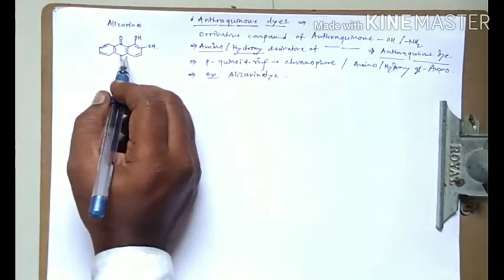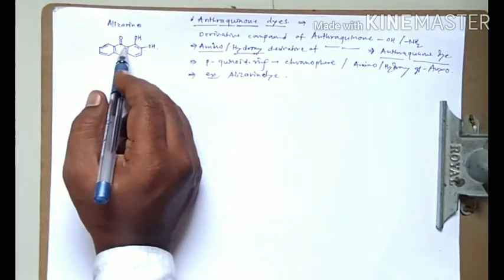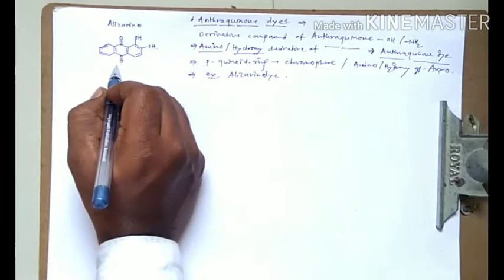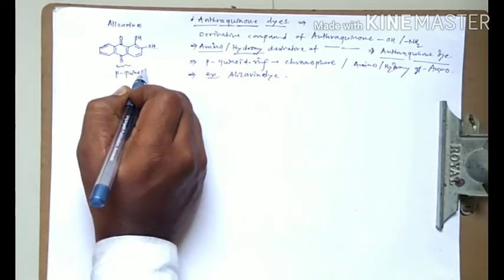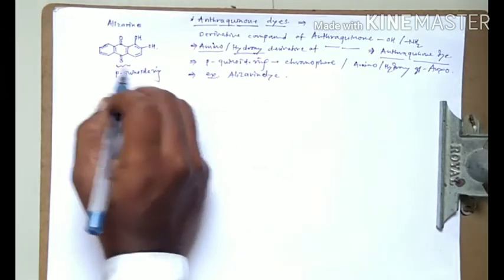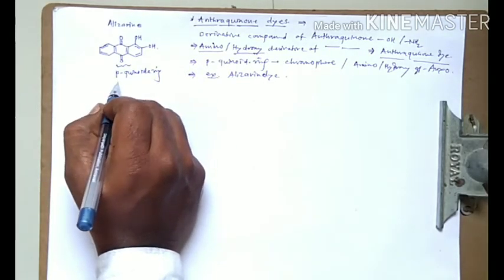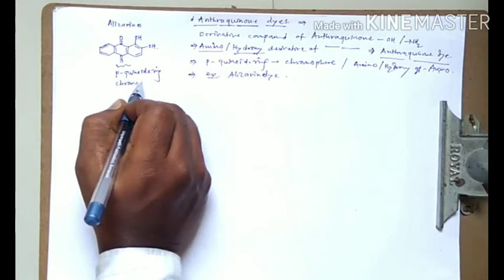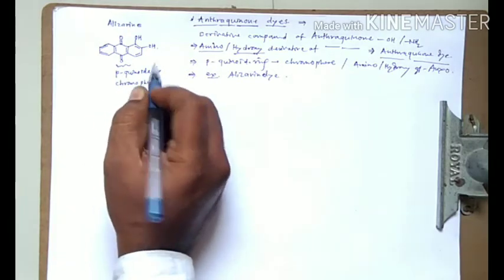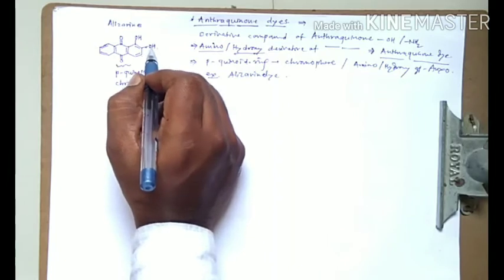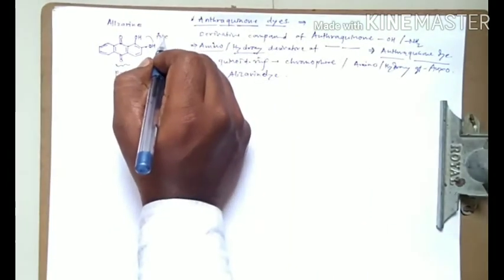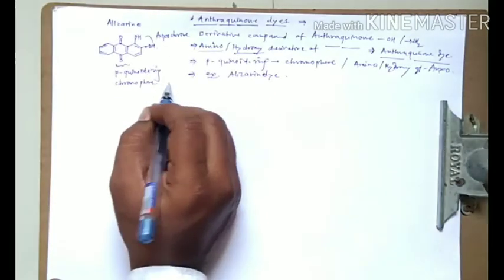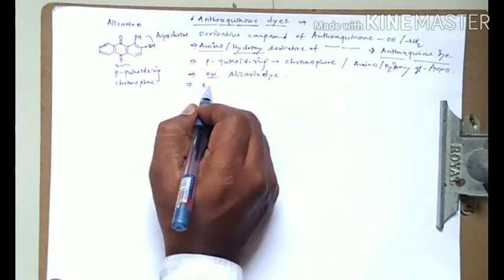And let us look at the structure of alizarin dye. Here you can see the anthraquinone ring in which the paraquinoid ring is the chromophore, and these phenolic OH groups are the auxochromes, and it imparts a red color to the fabric.